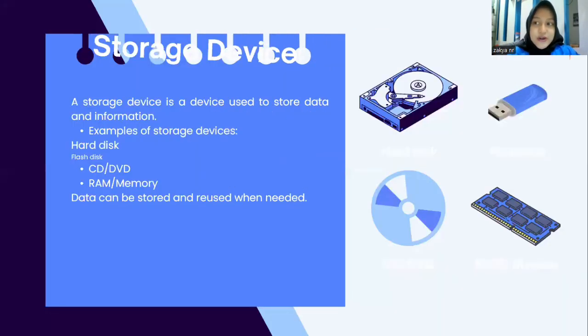And then storage device. What is a storage device? A storage device is a device used to store data and information. For example, hard disk, flash disk, CD or DVD, RAM or memory. Data can be stored and retrieved when needed.